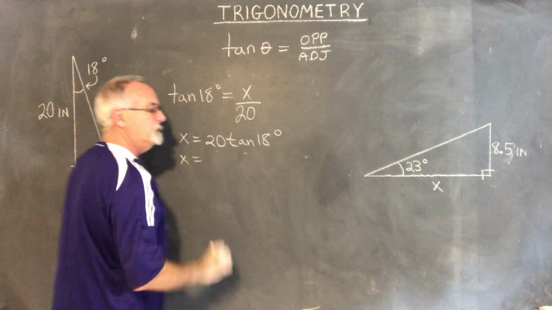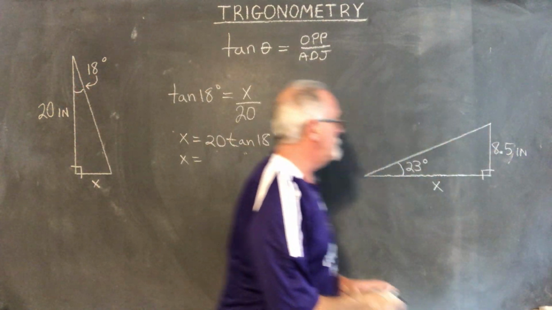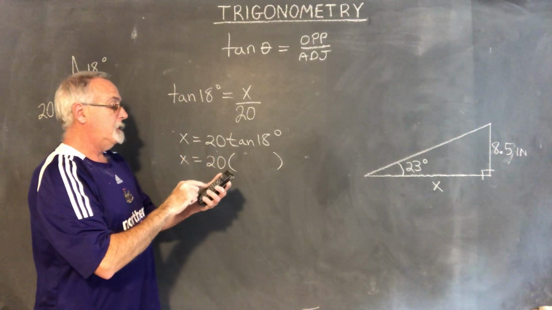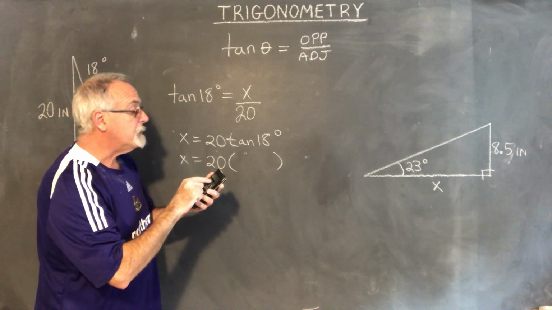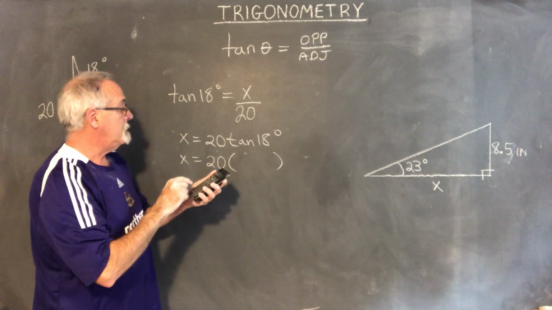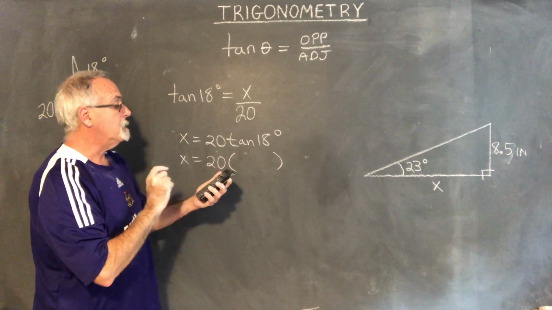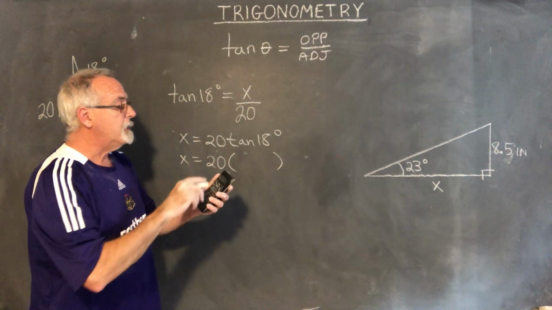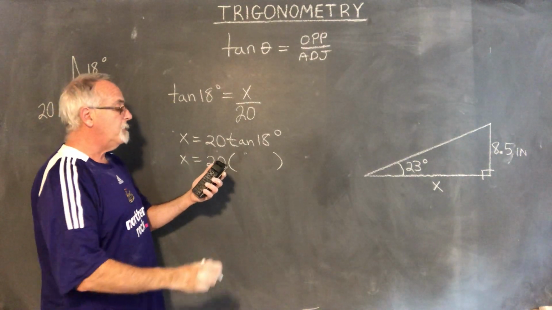X is equal to 20 times tan, checking that I'm in deg mode, tan of 18 equals 0.3249, and it goes on, but the next number after that 9 is a 1, so 0.3249.